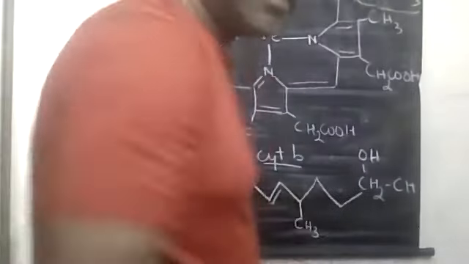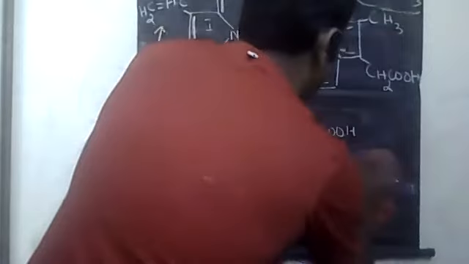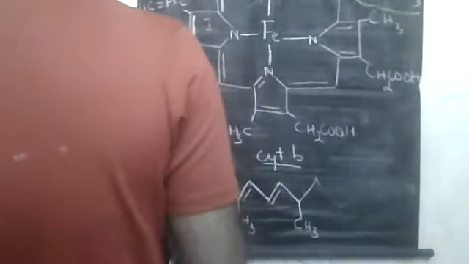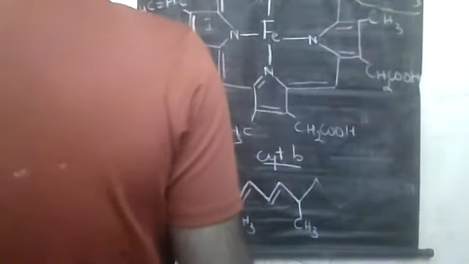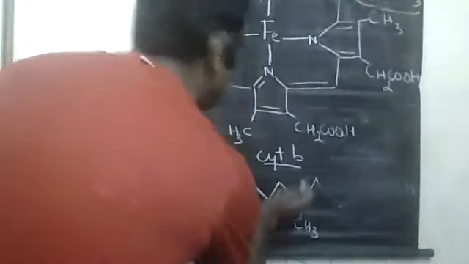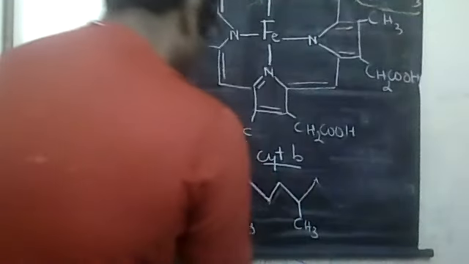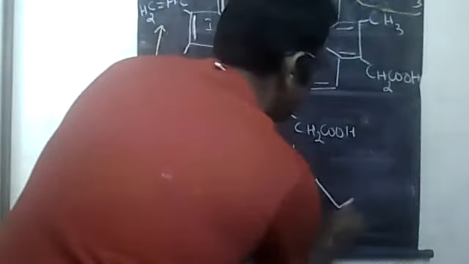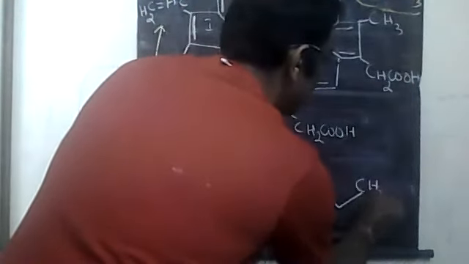Here you show. Here I should put a double bond here. Double bond will come here. Sorry, then it's correct. Don't erase it, it's correct.